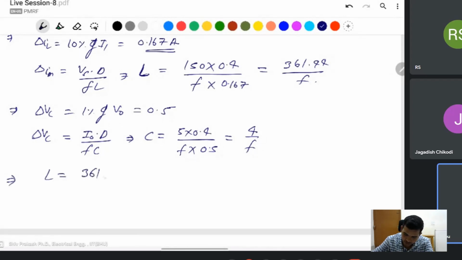L is 361.44 into F, and the C is 4 by F.